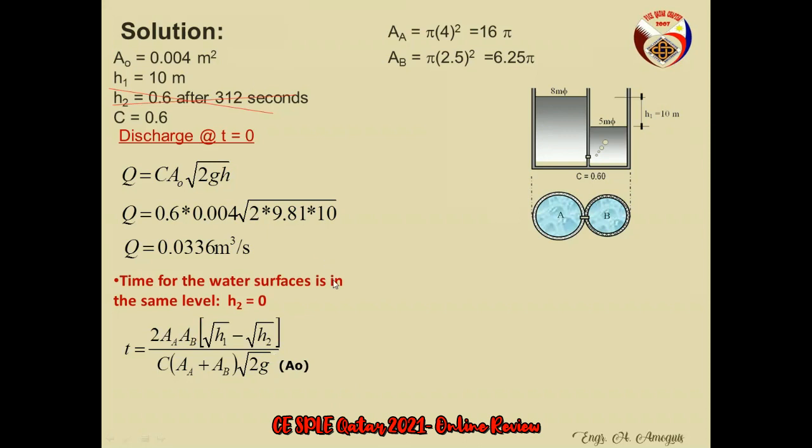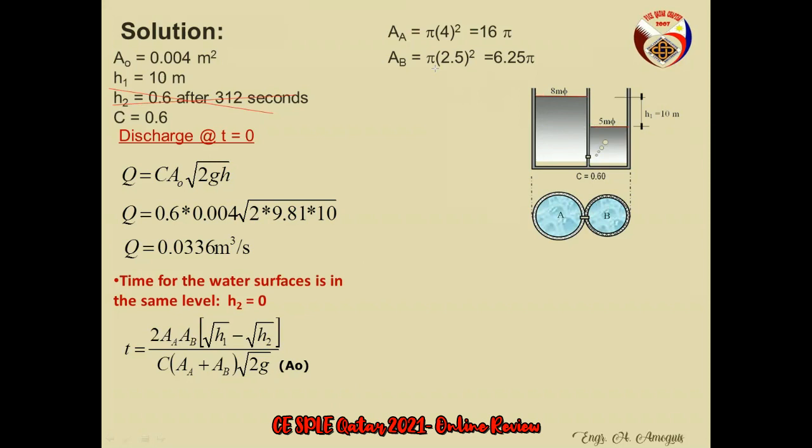So substitute. The only problem is what H1 is and what H2 is. As I said earlier, H should be the difference between the heights of the surfaces. My H1 is 10 meters, as per the condition. So that is your H1.